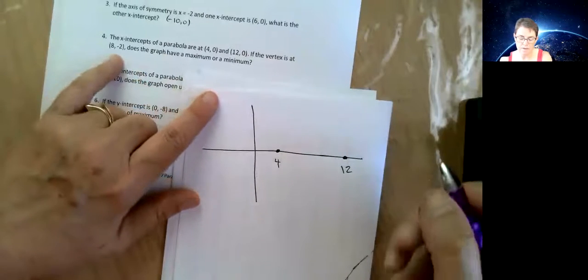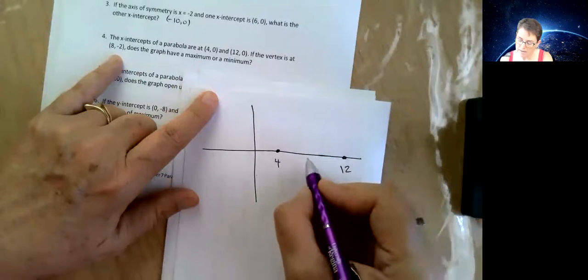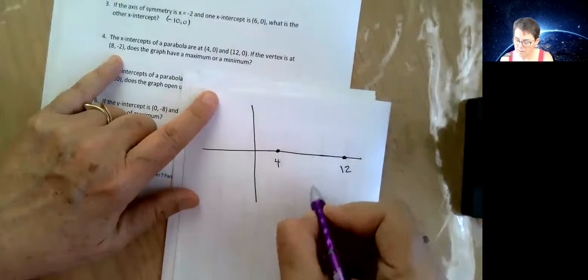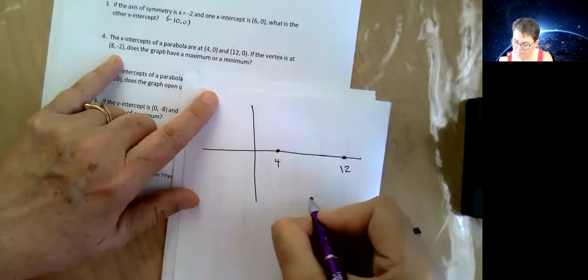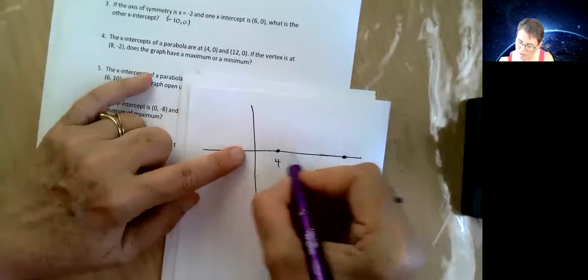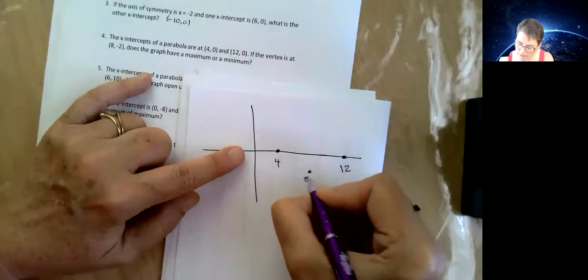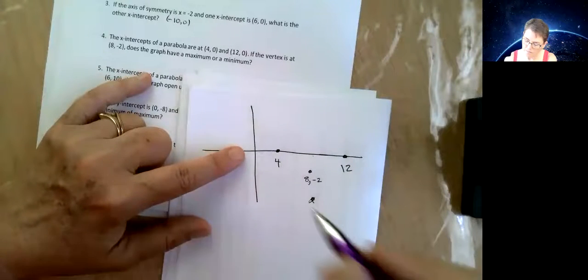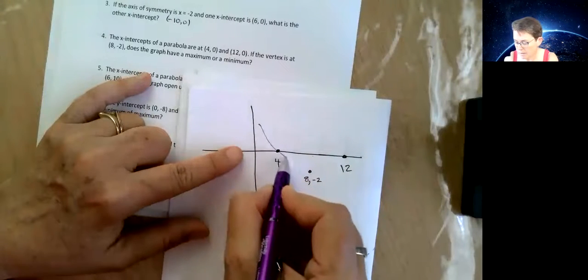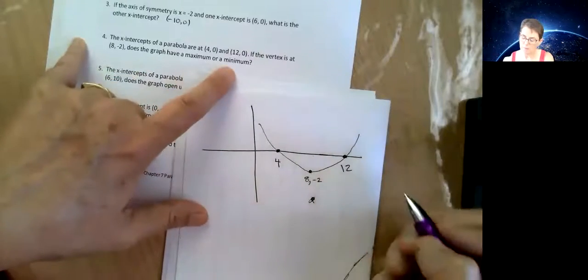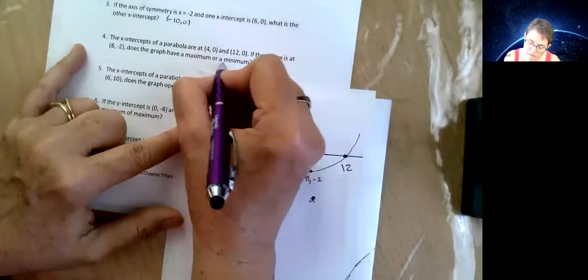If the vertex is at 8 and minus 2, okay, that's 4. So 8 would be about here and about minus 2 there. Well, that means my parabola must look like that. Does it have a max or a minimum? Well, that's a smiley face, concave up, so it's a minimum.